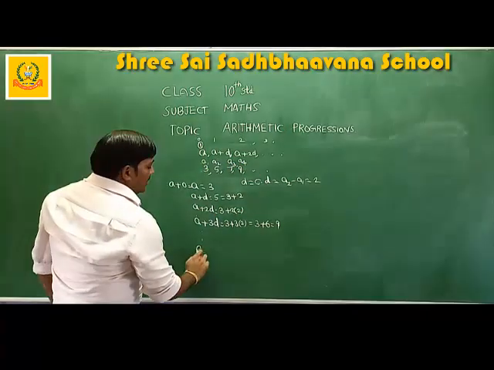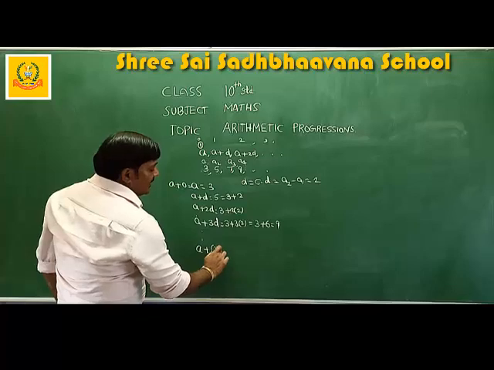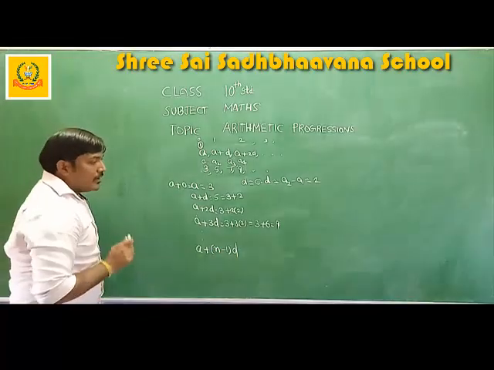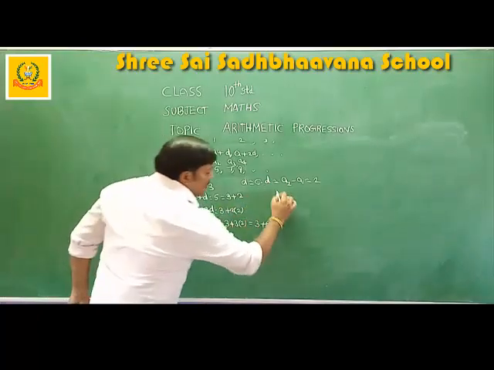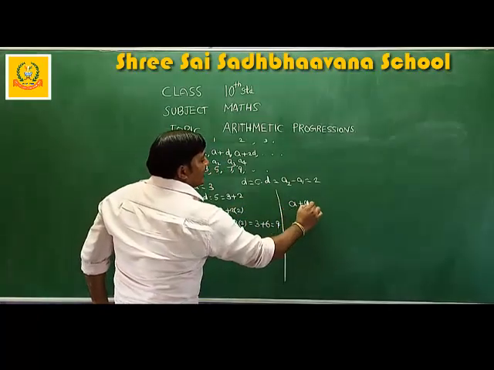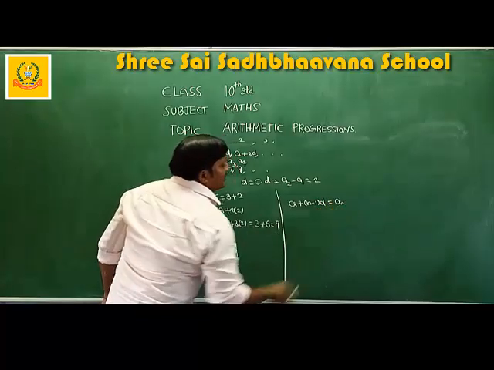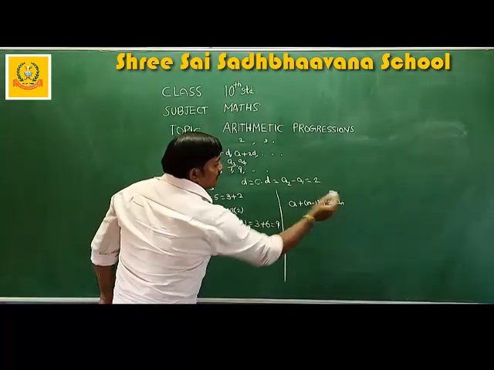So can I write generally a plus n minus 1 into d? Understood? Here, a plus n minus 1 into d is the general term. We call it the general term or nth term.